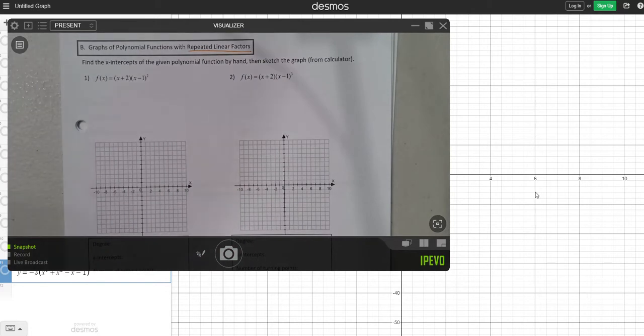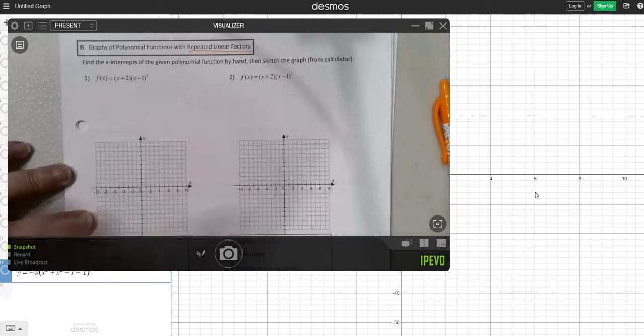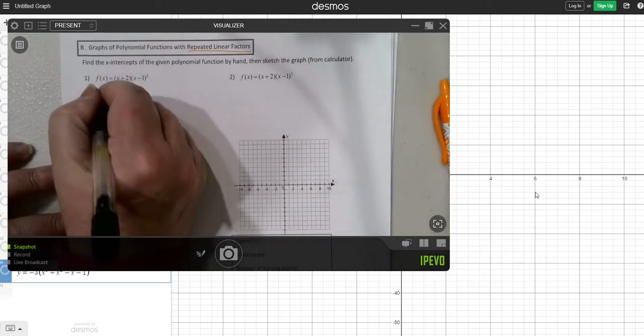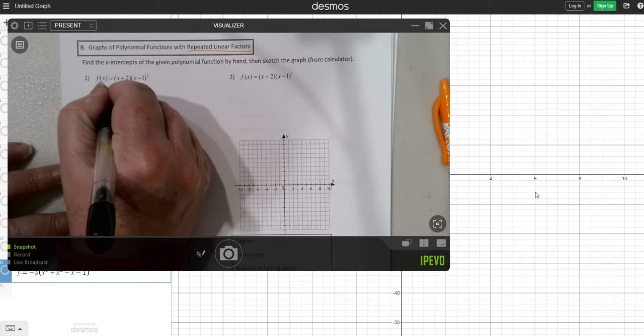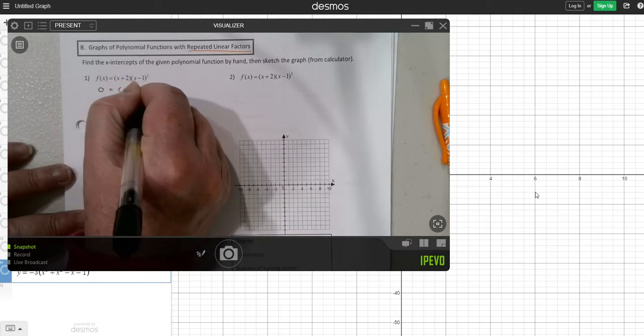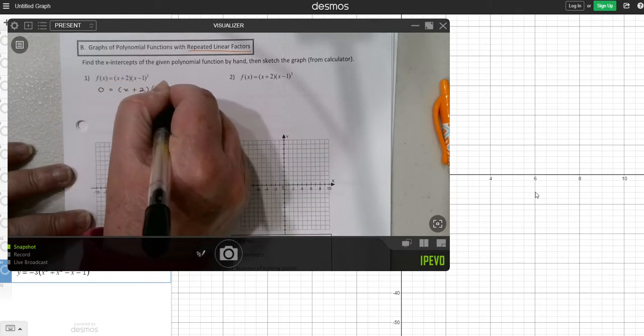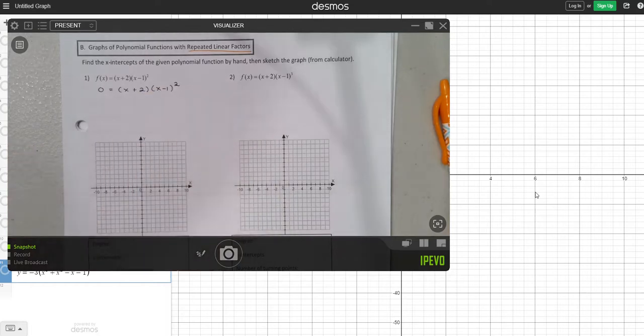Okay. Let's take a look at this first one. And if I wanted to find the x-intercepts, I would, as always, set the y or f of x value equal to 0. And I'm actually going to do just a little bit more with this one.